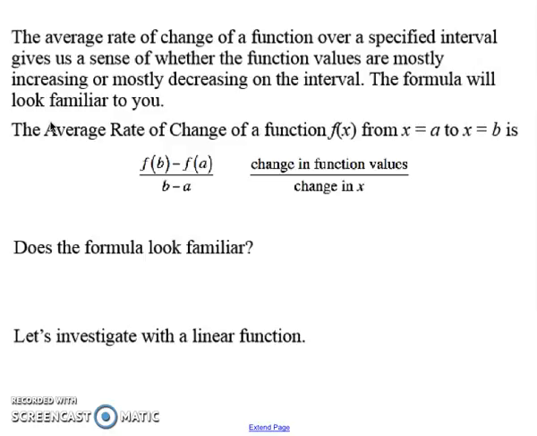Average rate of change is interesting. I actually have used this personally when I was in my sports medicine degree working with athletes. If we were to time them doing something, especially running over a distance, we could show their speed graphically, and then find the average rate of change at the beginning part of, let's say they're sprinting 100 meters.